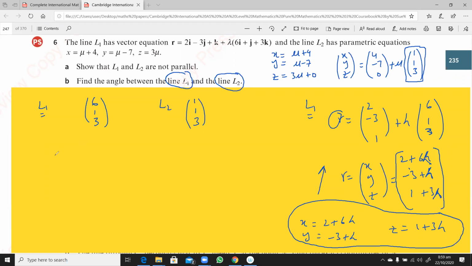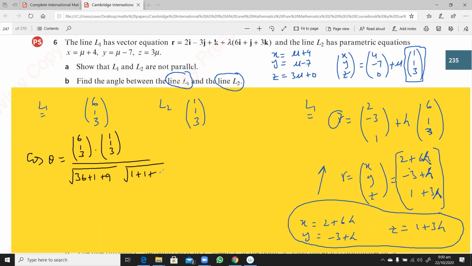Anyhow, using the given information here, the angle between these two lines is going to be cos theta, that is (6, 1, 3) dot (1, 1, 3) over the magnitude of this, which is 36 plus 1 plus 9, times this, which is 1 plus 1 plus 9.